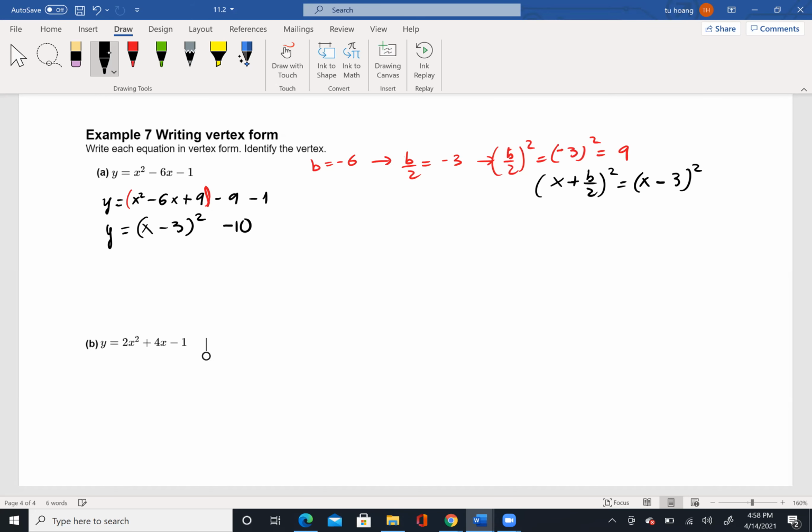See that? (x - 3)². And this is a vertex form.